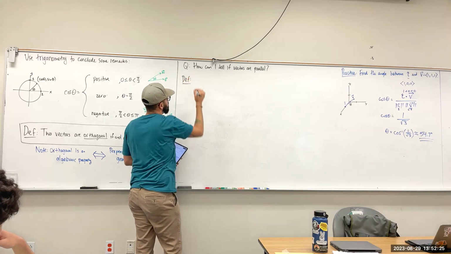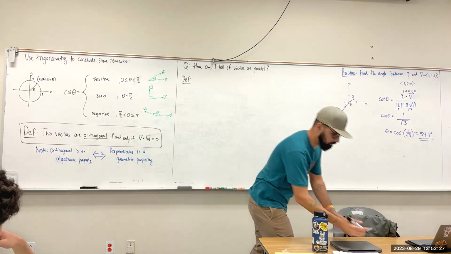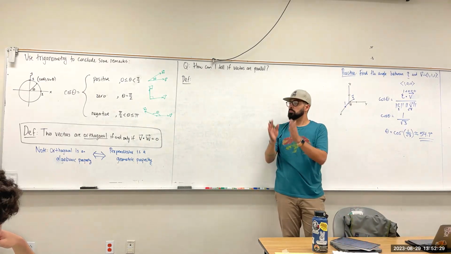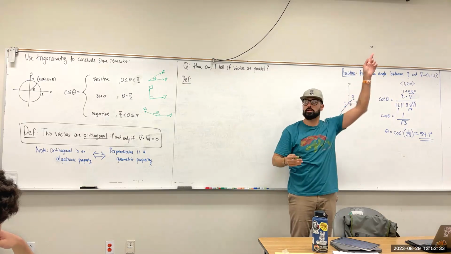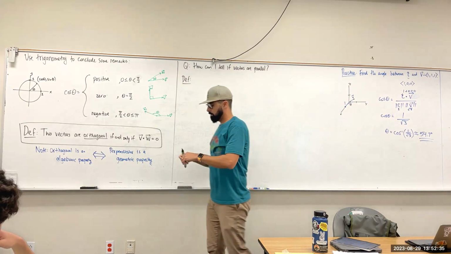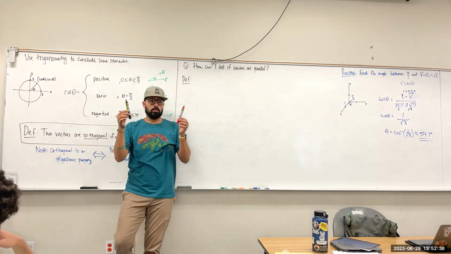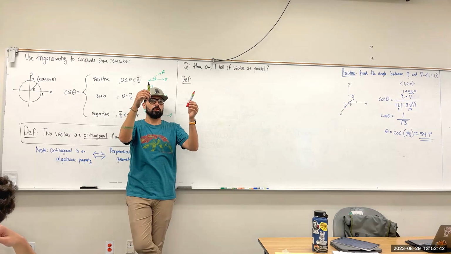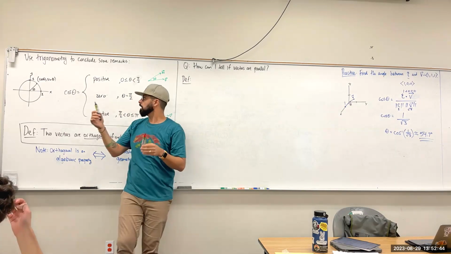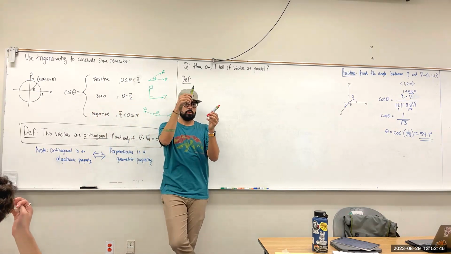So first, let's discuss what that means, because with lines, two lines were parallel when they weren't intersecting, right? But here vectors don't shoot on forever. So if I have two vectors, how can I point them so that they're parallel? What would have to happen? Think in terms of their angle.